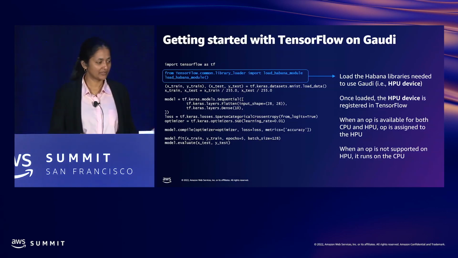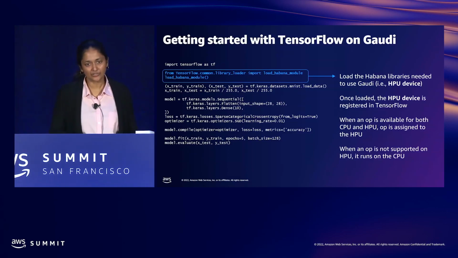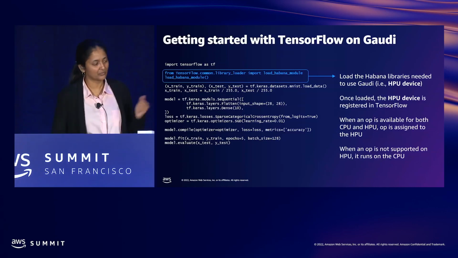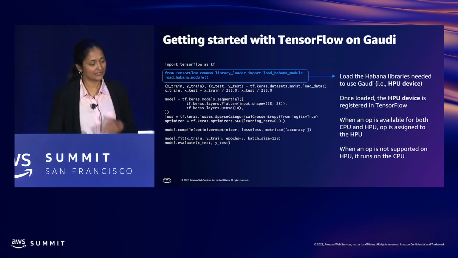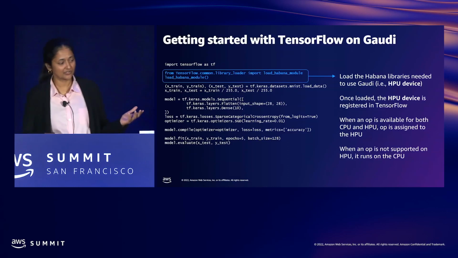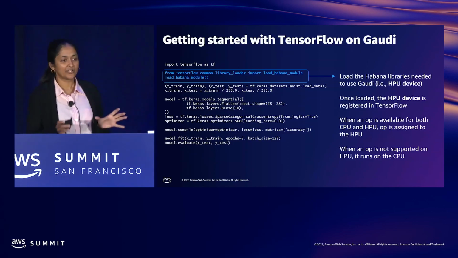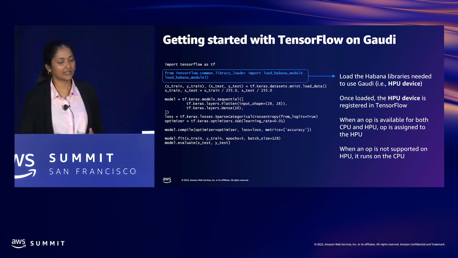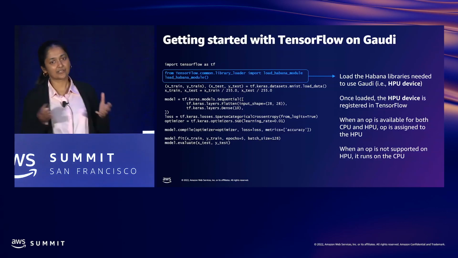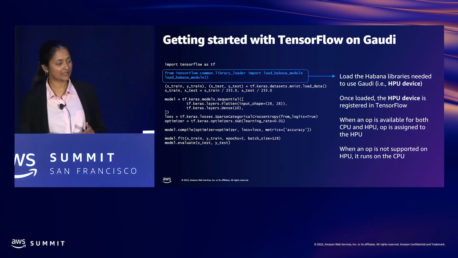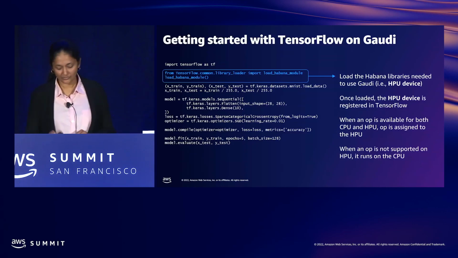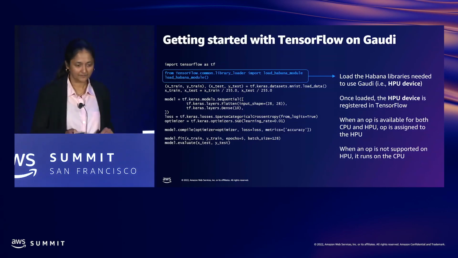So if your operator can run on Gaudi, it will be assigned to the HPU, so it's prioritized on the HPU. And if it doesn't run on Gaudi, it basically falls back and runs on the CPU. So either way, your model will start working immediately, with the portions that you can accelerate on Gaudi landing on that device, and the rest of it falling back to the CPU. And that's all it takes to get started with Gaudi.